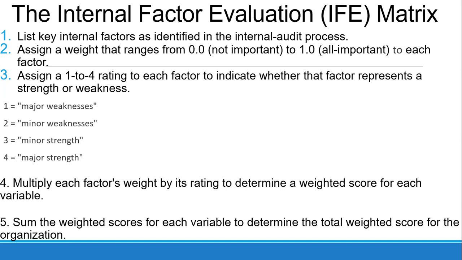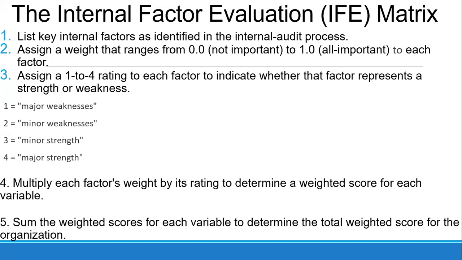Rather, you can apportion 0.1 to, let's say, 0.9 or exactly 1, depending on the priority that particular factor is seen to have in the attainment of organizational success.